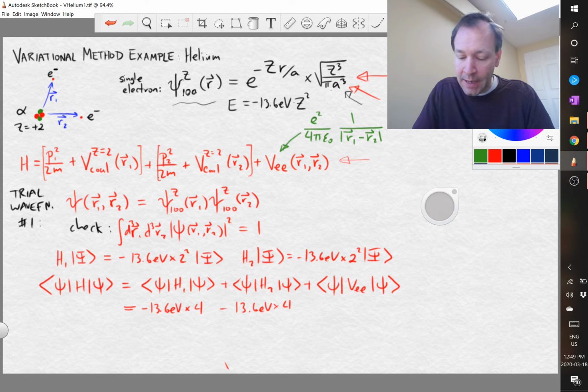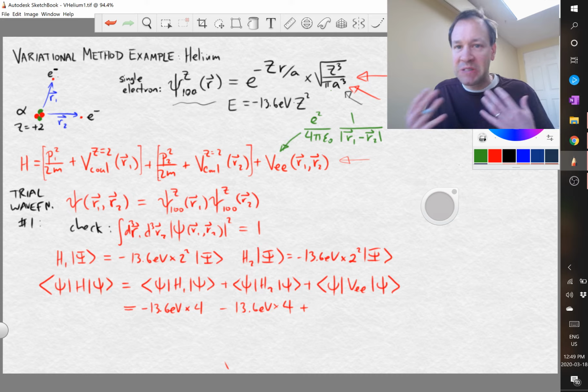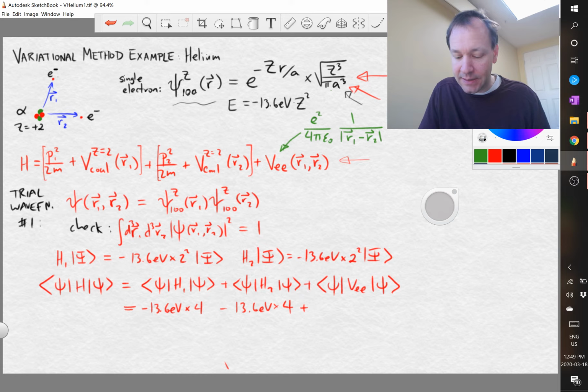But then the third term is the interesting one, and for this one we just have to do some integration. This is the standard thing: the operator that we're taking an expectation value of just depends on the positions of the electrons. So if we want to take that expectation value, we just do a big integral.